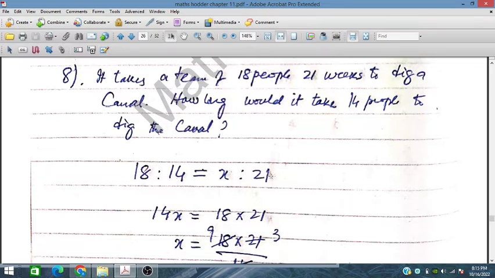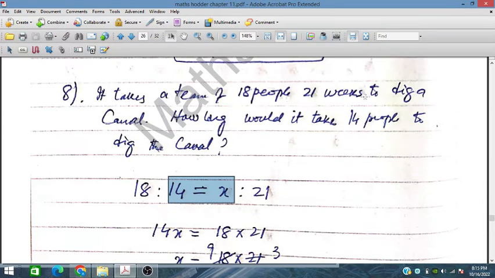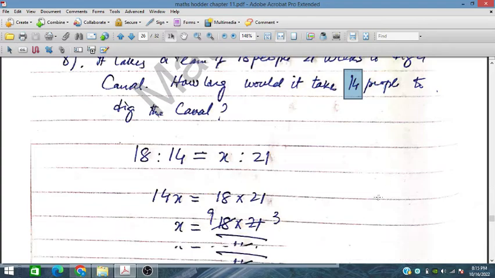They were taking 21 weeks, so 14 people would take more days. So 18 by 14, so this is 14x is equal to 18 by 21, so this x is 27 weeks. So the 14 people would require more days, more weeks.